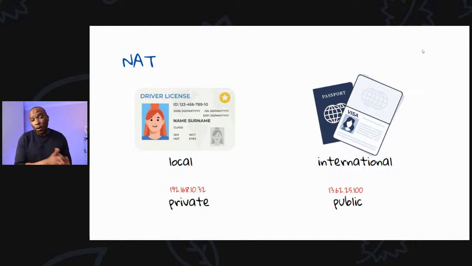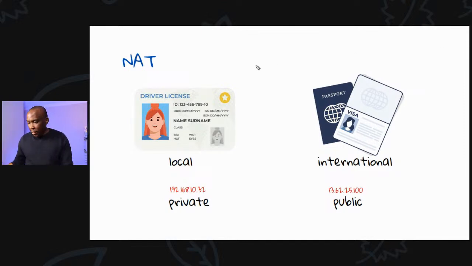If you get stopped, you're able to produce your driver's license, and that is sufficient. However, if you want to leave the country, you can't use your driver's license. You need another document, and that document that is universal across multiple countries is known as a passport. A passport is what's going to take you on to the outside world.